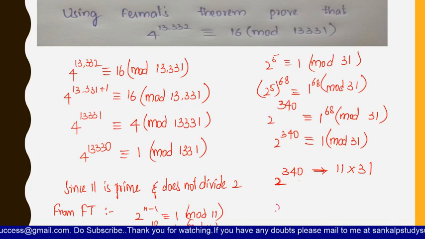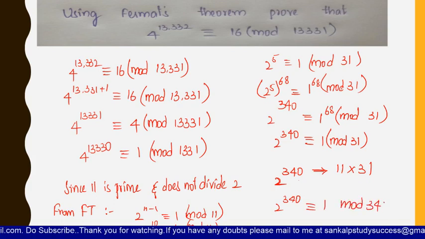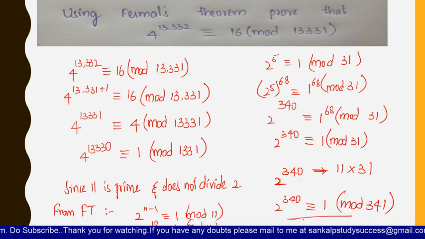So you can write this as 2 to the power 340 is congruent to 1 mod 341. So we can say that even though 341 is not prime, it is not a prime number, right? 341 is not a prime, but still you can say that 2 to the power 340 is congruent to 1 mod 341. So hence we are proving the Fermat theorem, hence proved.